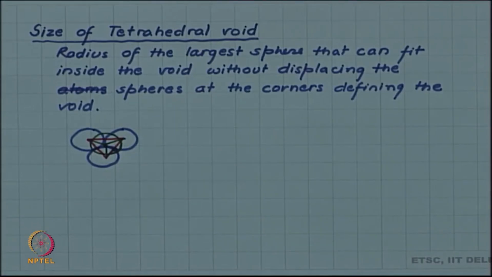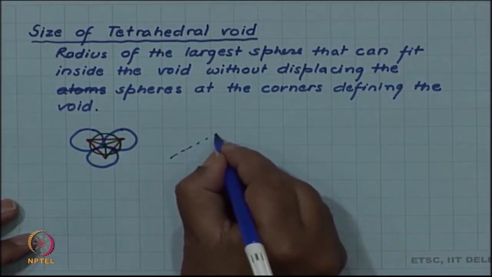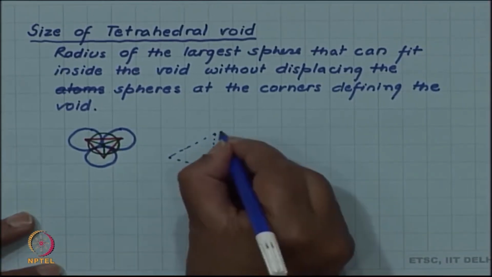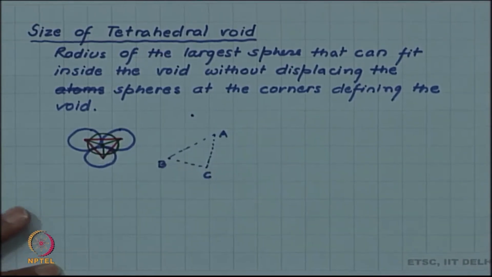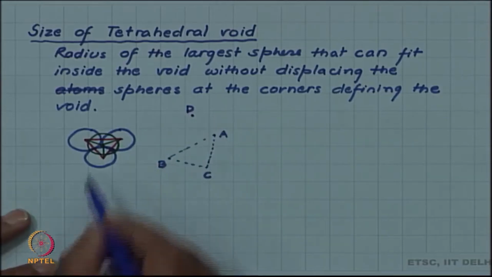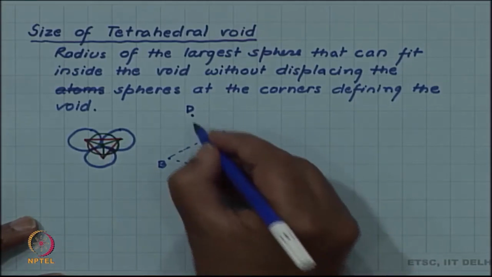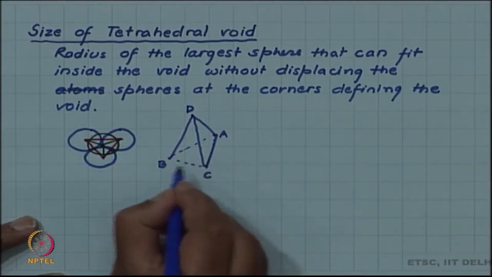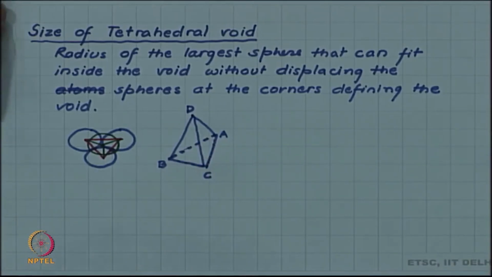So, in perspective, if I try to draw this tetrahedron, I have a base of an equilateral triangle, which I am representing as A, B and C, and I have a sphere on the top sitting on this A, B and C. Now I am showing only the centers of these spheres. The centers of the base spheres are A, B and C, and the center of the sphere sitting on the top is D. If I join these, this is where I get my tetrahedron.